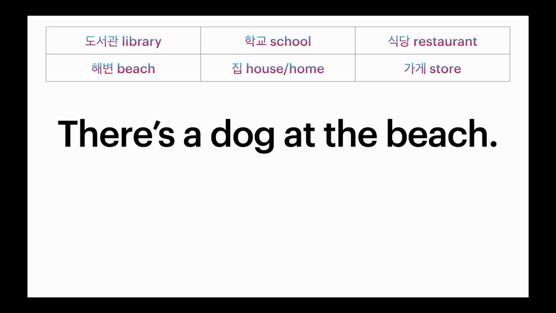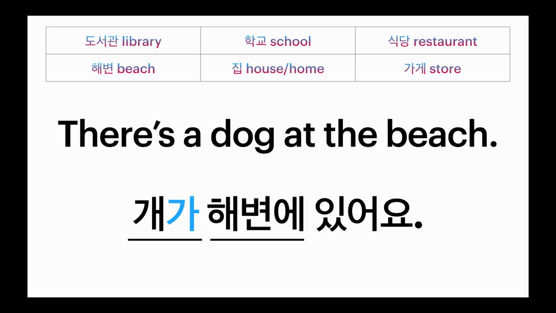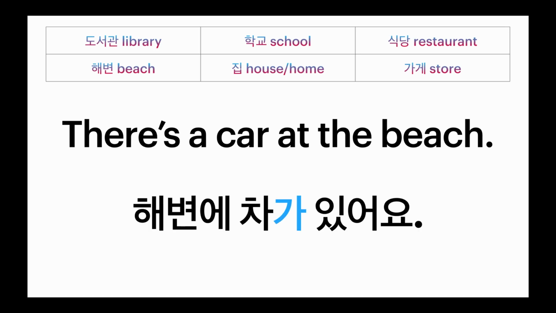Okay, let's go ahead and make our sentences a little bit more complicated. There's a dog at the beach. 해변에 개가 있어요. And if you went ahead and switched these two and said it as 개가 해변에 있어요, that would also be okay too. There's a car at the beach. 해변에 차가 있어요.